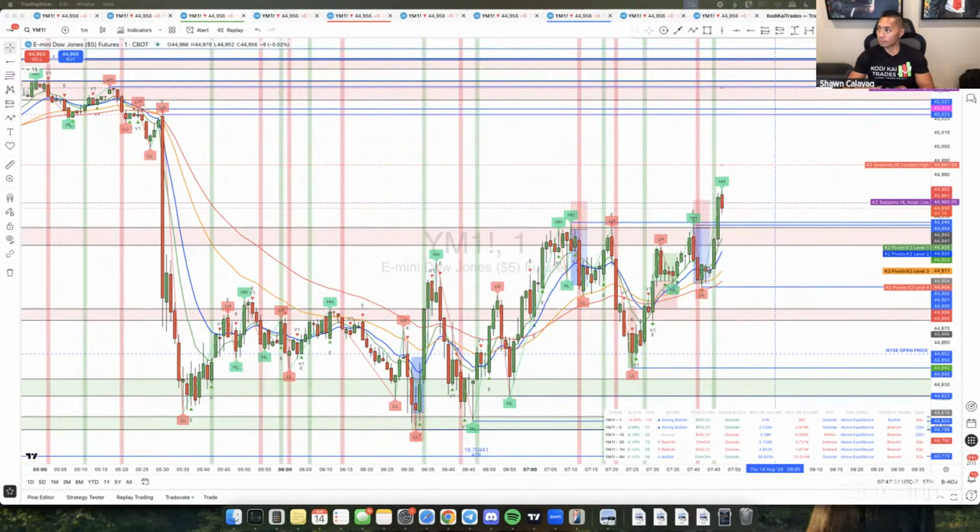Sam said 960 approaching, not trading, but watching the sell. So Sam's looking for price to sweep off the 960, which is also aligned with my Asia low right here.